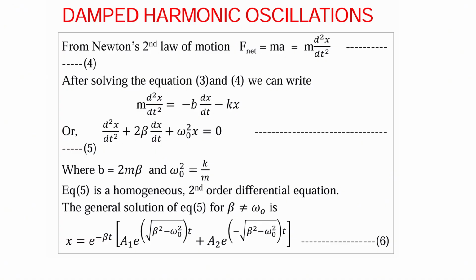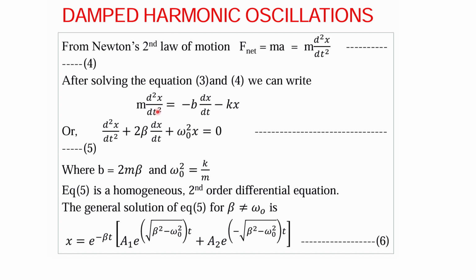By applying Newton's second law to the damped oscillator, we arrive at a second-order differential equation that combines both restoring and damping force. The final form is this mathematical expression.